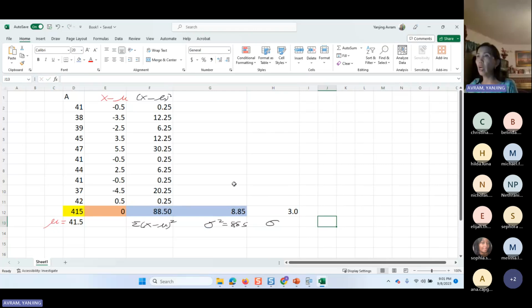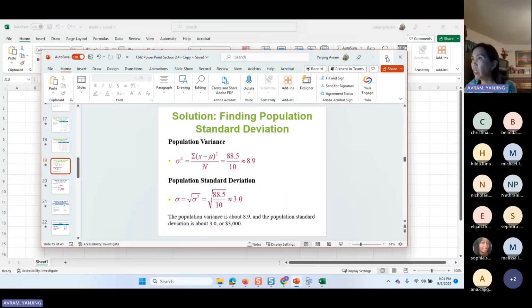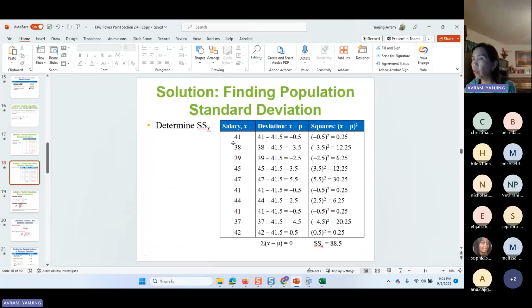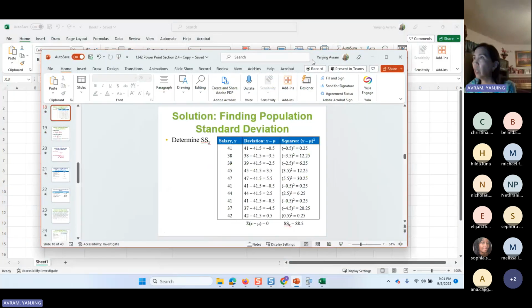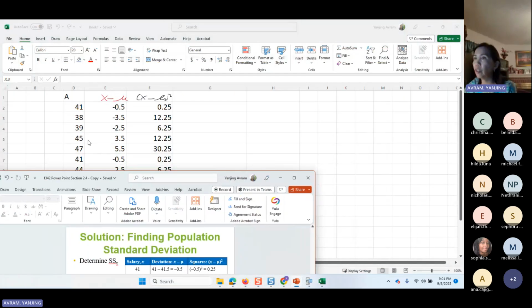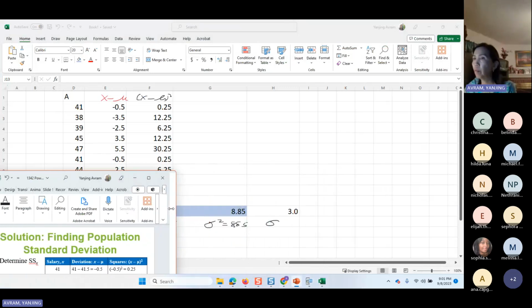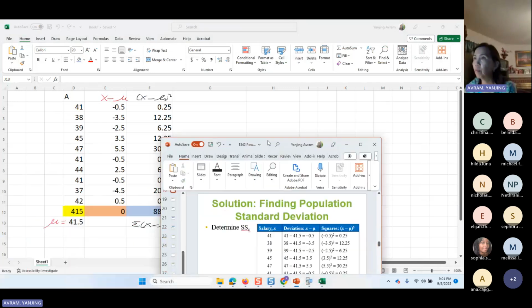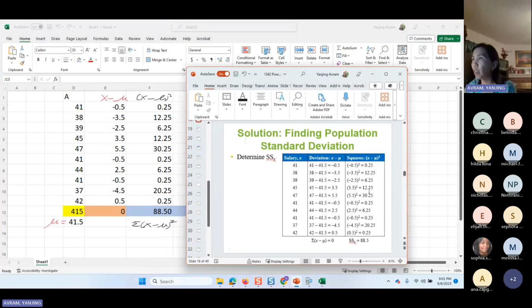All right. So I'm just showing you how to do this one by hand, step by step. Okay, just showing you how to do this one in Excel, right? I have this x in here, and then I have this x minus mu, and then I have this x minus mu squared.